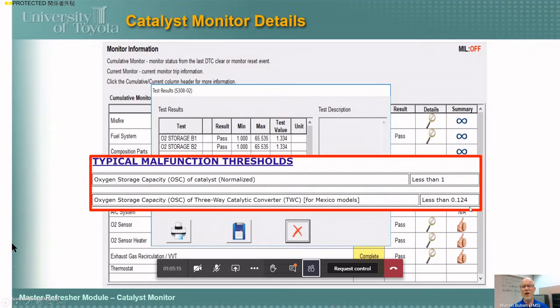The standard's much lower. And I looked up a standard for a 2010 Highlander with the 1AR 4-cylinder engine. That one was about 50% less. That was like around 0.08 grams of storage capacity for oxygen. So different cars, different certification levels are going to have different thresholds.